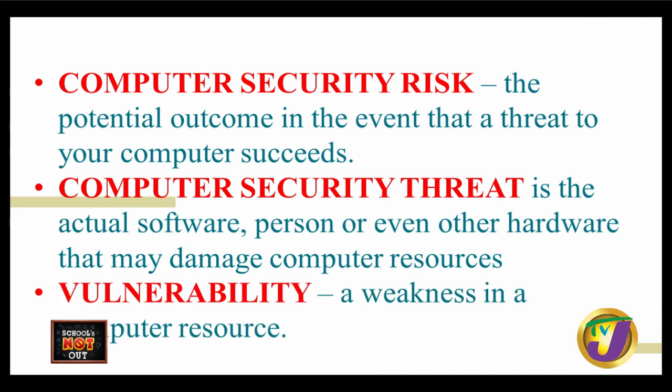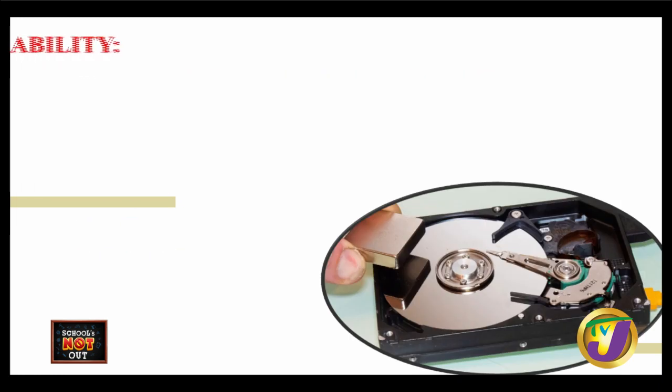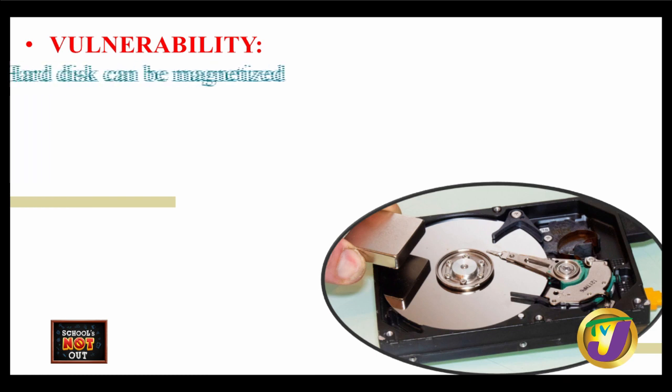And then vulnerability is a weakness in a computer resource, whether it be weakness in software, whether it be weakness in hardware. And one particular case, which is a pretty old case, but very old hard drives had problems with the read-write heads, because as soon as a magnetic field came close to it, then it was gone, and we'll see why.